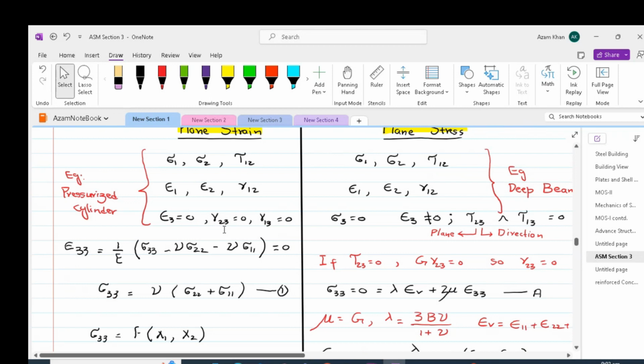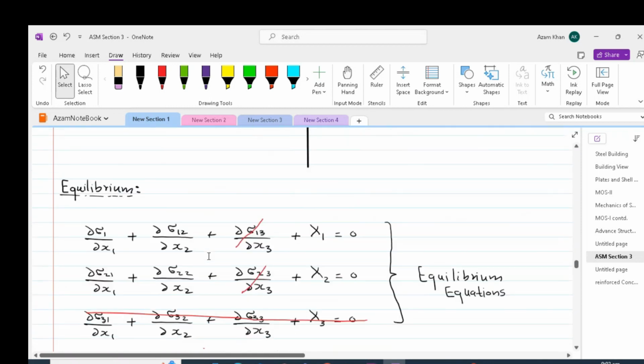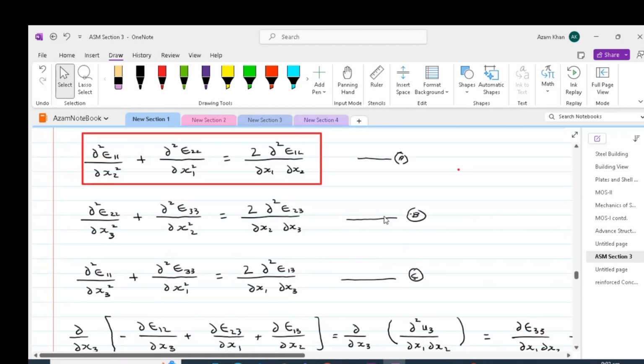Because of equilibrium, the 3-2 and 3-1 strain will also be equal to 0. And that will make equation B equal to 0. So we will end up with strain 2-2 partially differentiated twice with respect to x3 equal to 0. And that makes sense because strain 2-2 will not be dependent on the variable x3. So automatically the second equation is satisfied.